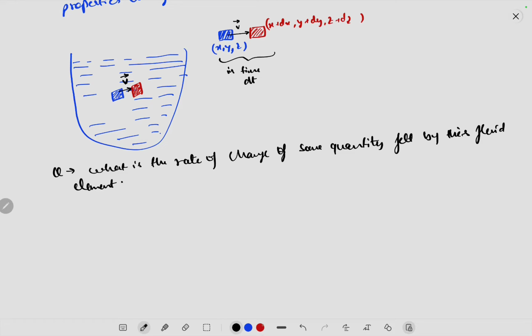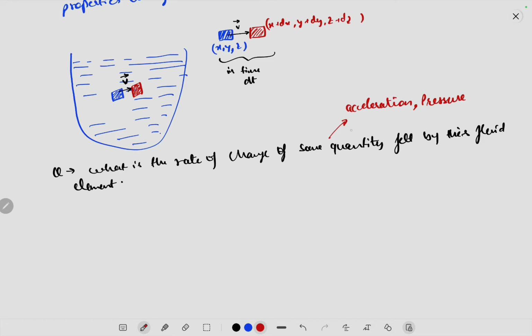This quantity can be, let's say, acceleration. So if this particle is moving from here to here, what is its acceleration? Okay, this can be some scalar quantity like pressure.